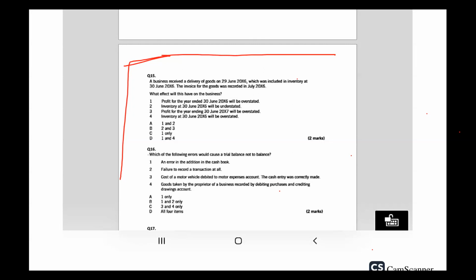So even the inventory will be overstated. So the answer should be D, 1 and 4. Okay. All right. Let me also give my own submission quickly. I also submit that the answer is D. That one is mine.